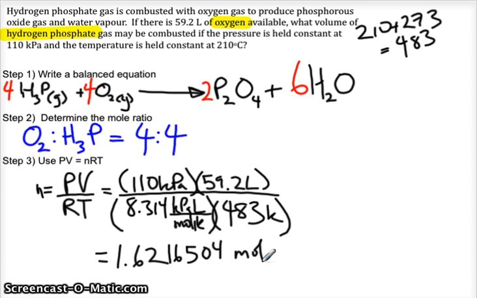I'm carrying a couple more decimals than I need. So my next step is to apply the mole ratio.